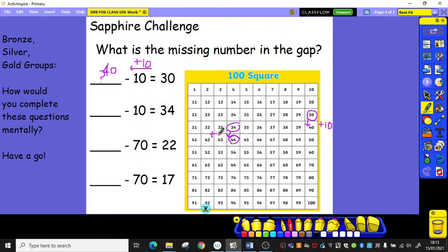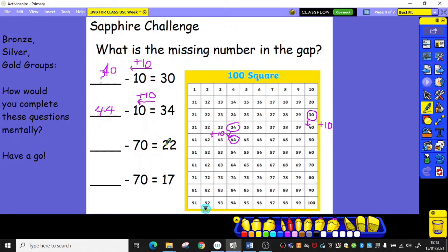I've added 10, so the answer is 44. If I'm going this way, I'm adding 10. If I check this calculation is correct, I can start on 44 and I can subtract 10, which would give me the answer 34. Therefore, I know that this number is correct just here.